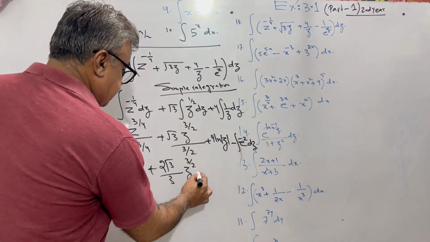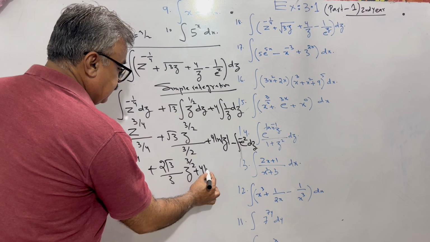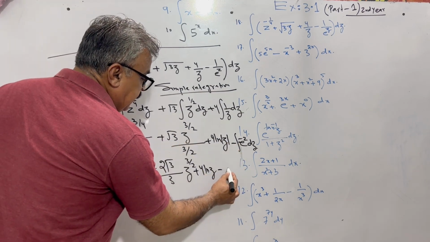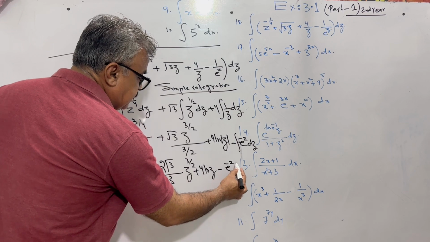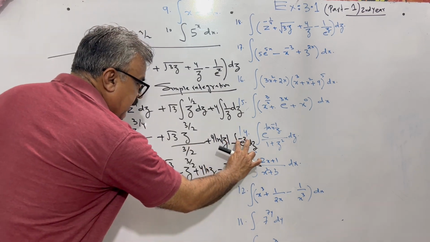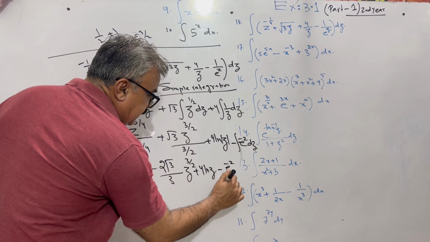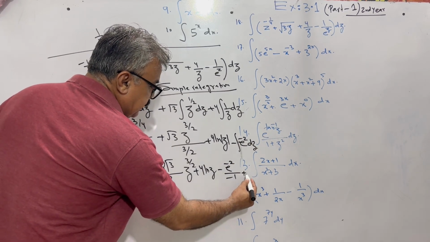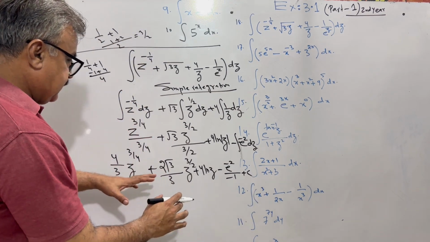This one is 4 times ln z. The differentiation of e raised minus z is e raised minus z, so its integration is e raised minus z. But look at this: the differentiation of minus z is minus 1, so dividing by this minus 1, plus the integration constant.